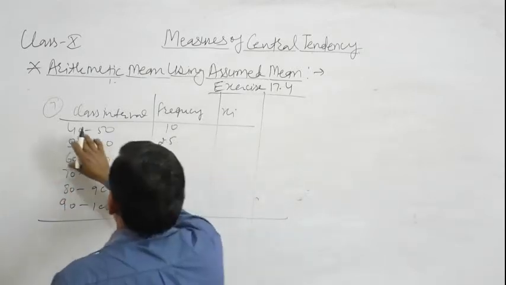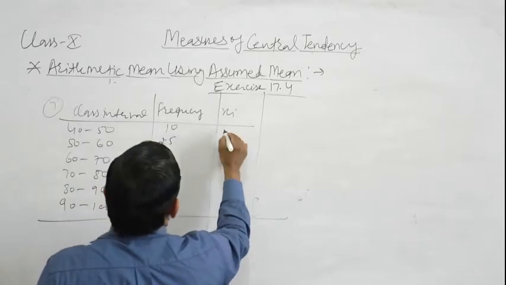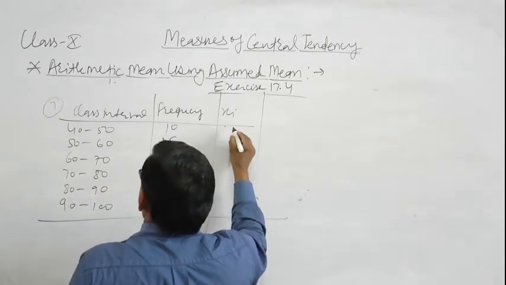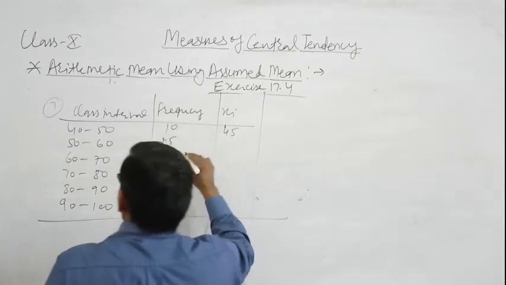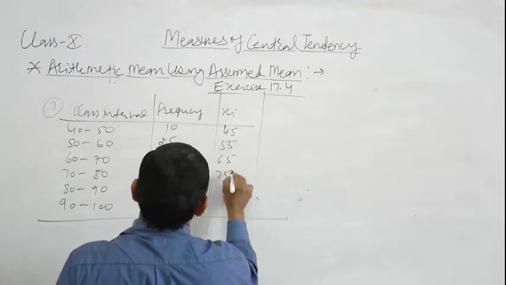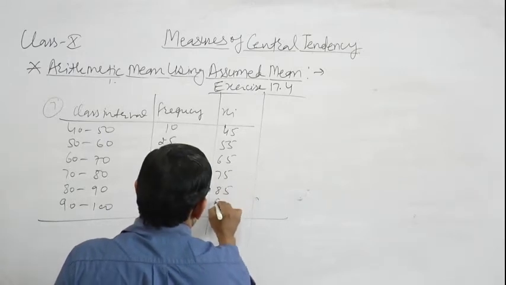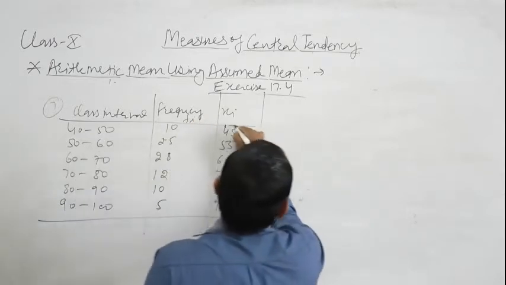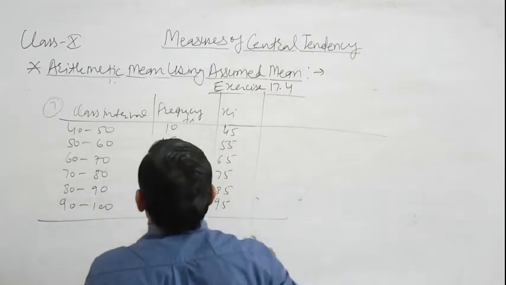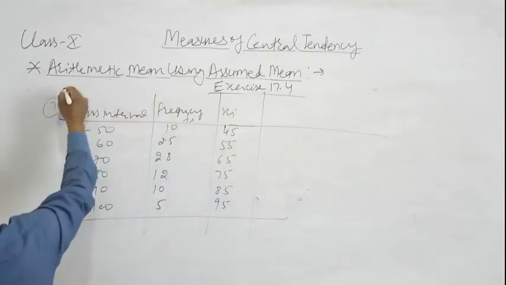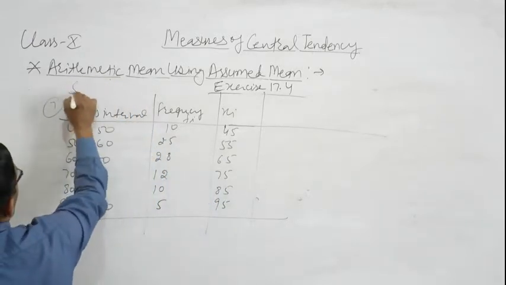Values of xi mean 40 plus 50 upon 2, that is 45. Then 55, 65, 75, 85 and 95. These are the values of xi. The next column is ui, because we use the assumed step deviation method here.